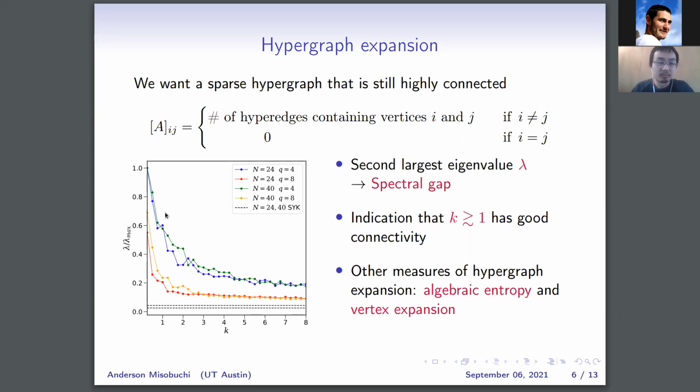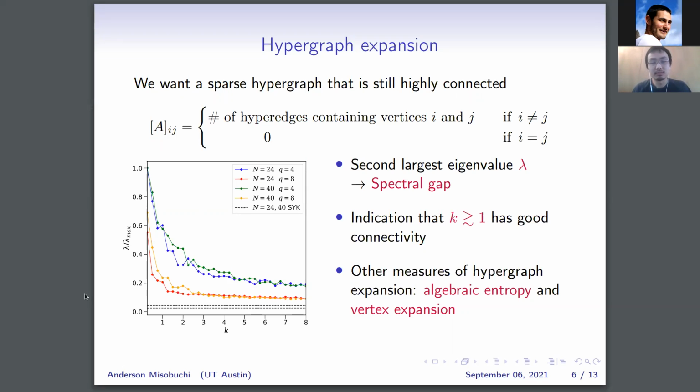We can, for example, plot this for the hypergraph of the sparse SYK model, which are these solid lines. And we can see that even for K of order 1, just a little bit larger than 1, its connectivity does not change that much, and gets close to the dashed line, which is the corresponding value for the original ultra SYK model.